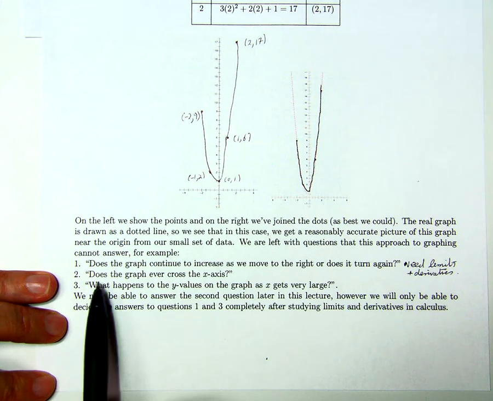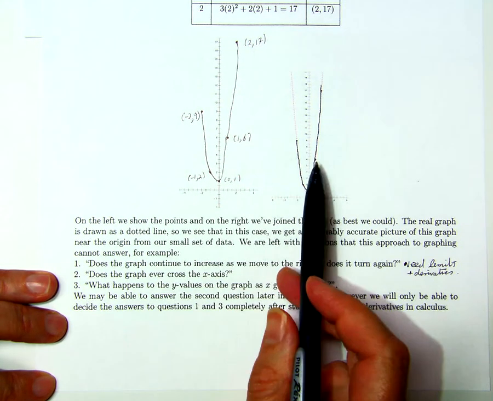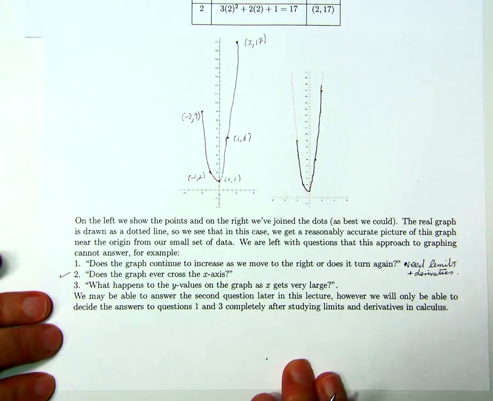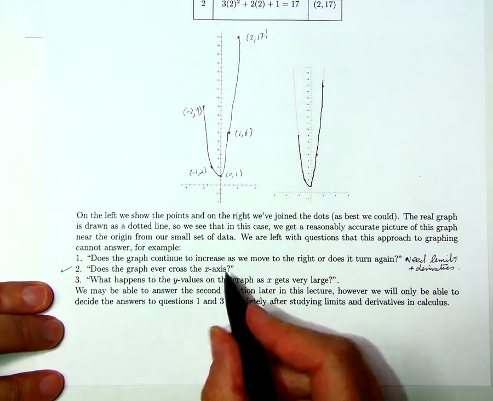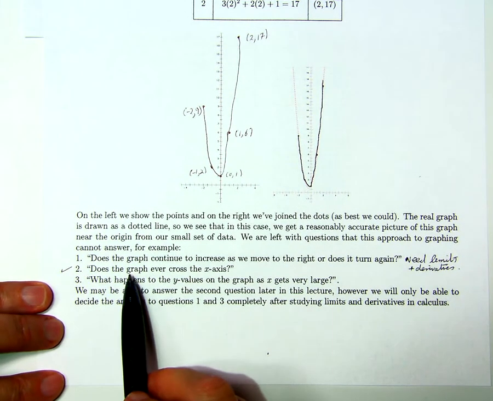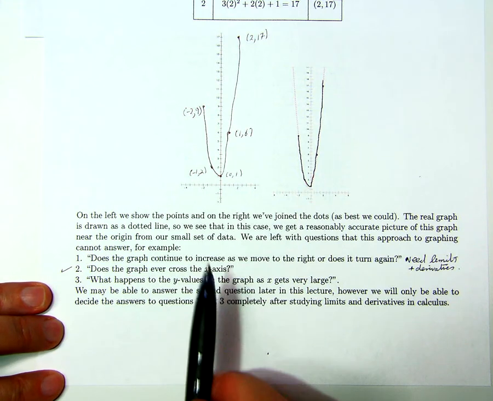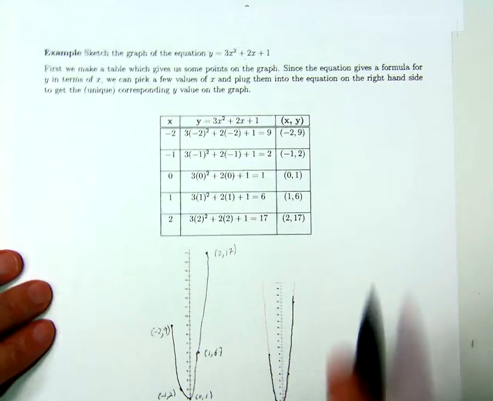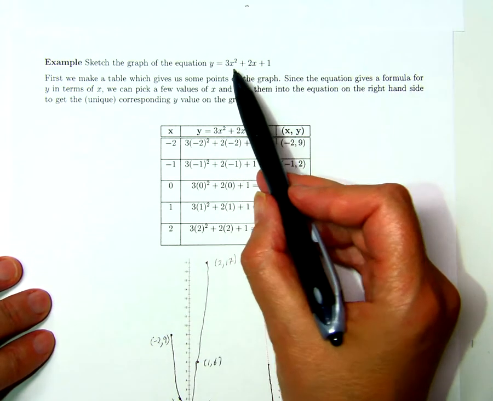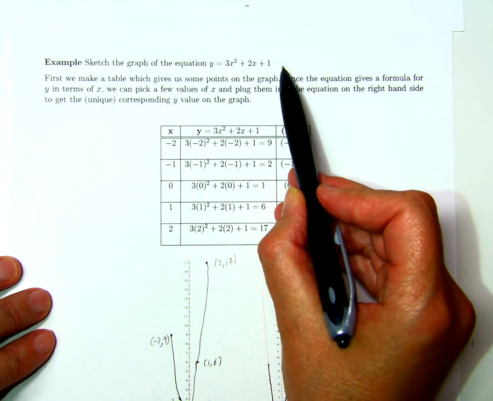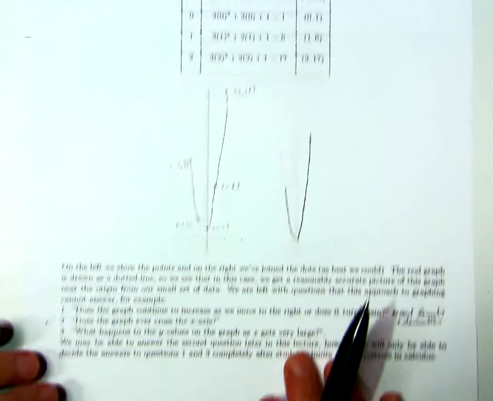Does the graph ever cross the x-axis? Well, we can actually solve this by solving an equation. This graph would cross the x-axis if y were equal to 0. But we have a complete description of y in terms of x, so if we set this equal to 0, we can figure out where this graph crosses the x-axis.